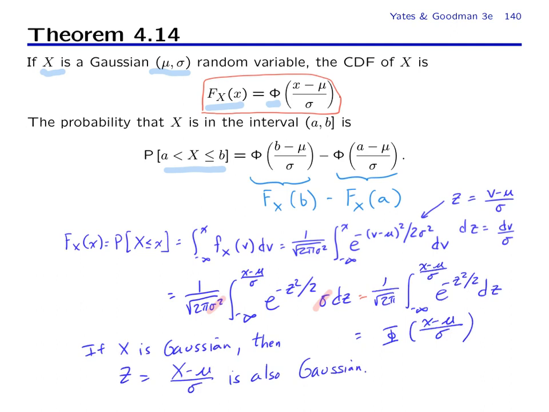Understanding and using this fact is the key to avoiding a lot of messy calculus and variable substitution.